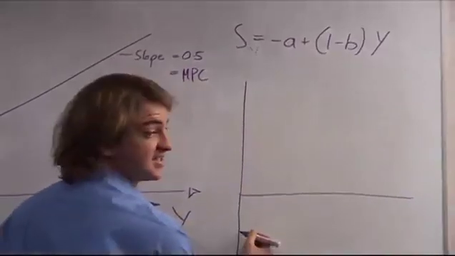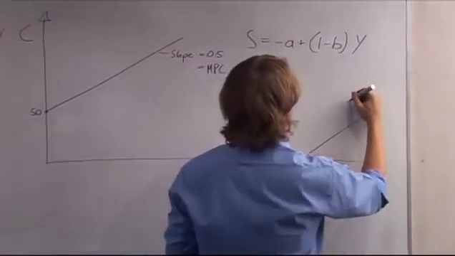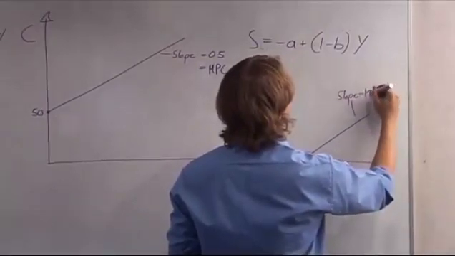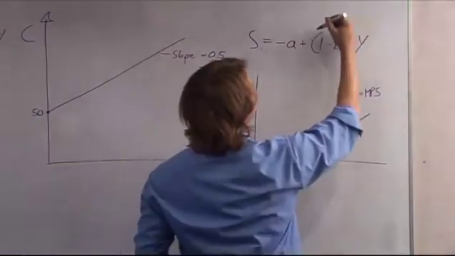So you could have dis-saving over here, and this will be your savings function, where the slope is equal to your marginal propensity to save. Your marginal propensity to save is this value here.